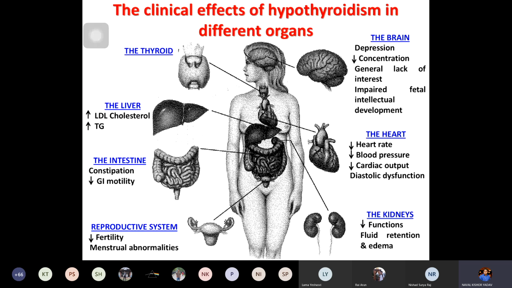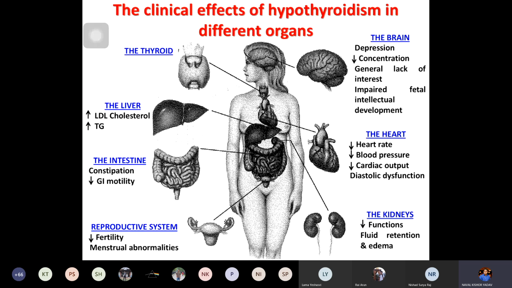In the reproductive system, decreased fertility, and menstrual cycle abnormalities in the case of females. On the right-hand side, in the brain, the patient may suffer from depression, decreased concentration, and general lack of interest. Intellectual development will also be impaired in the case of the infant.